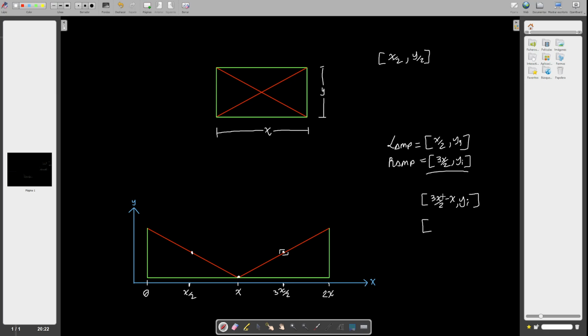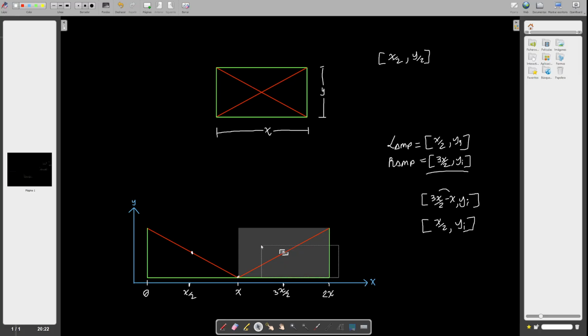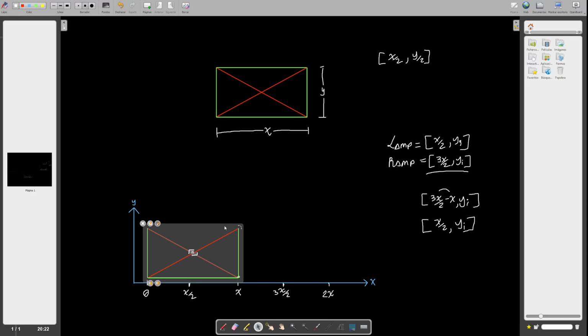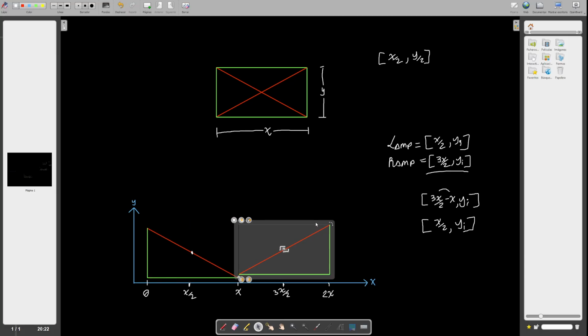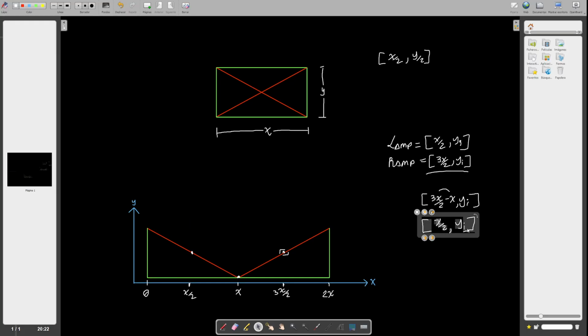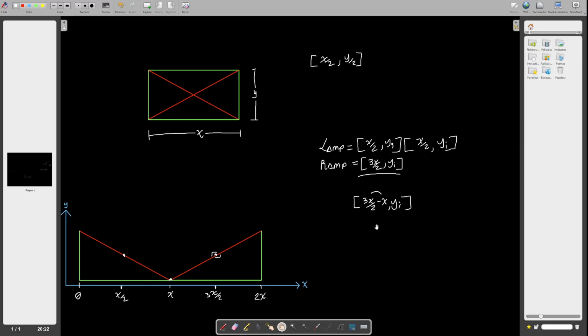And guess what? This subtraction gives us x divided by 2, comma yi, which means that when I overlap these two triangles, those two middle points are in the same place.